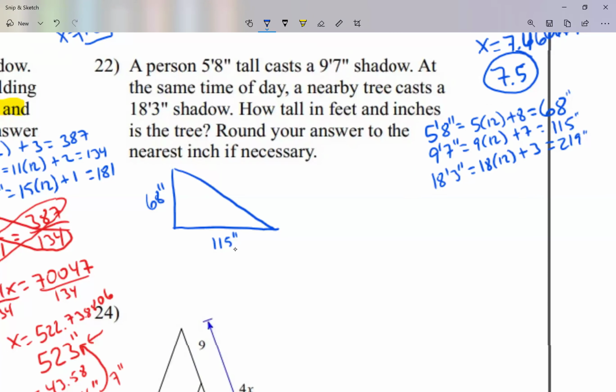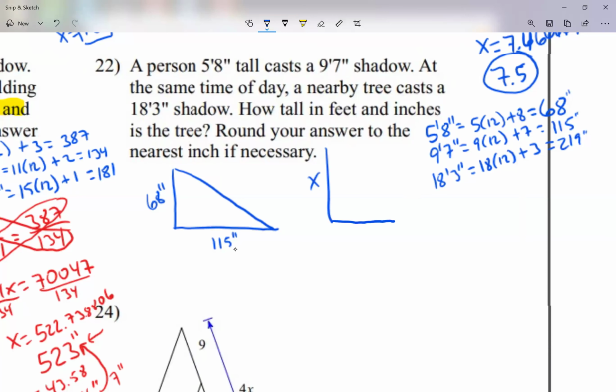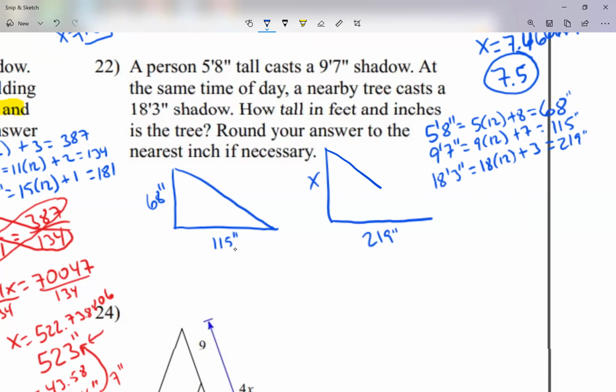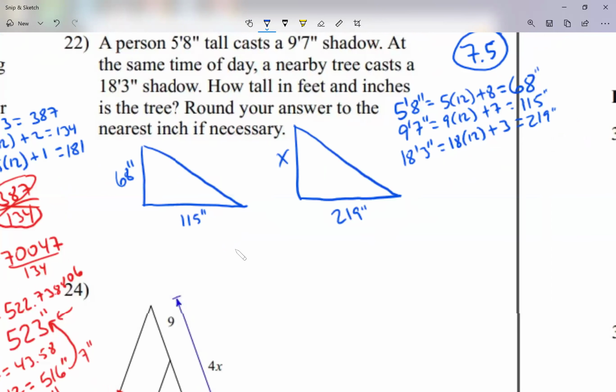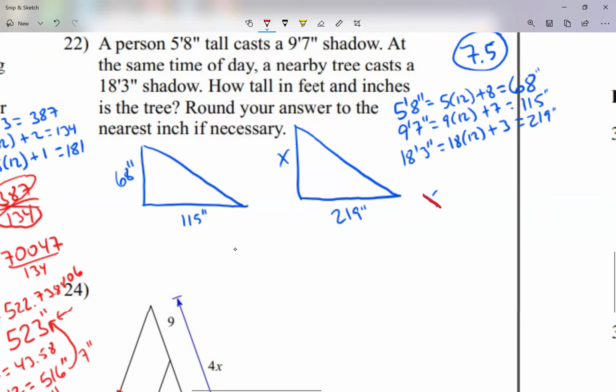I have no idea how big the tree is, so let me call it X, but it has a shadow of 219 inches. Let me solve for X. I'm just going to go X over 219 equals 68 over 115. Cross multiplied.